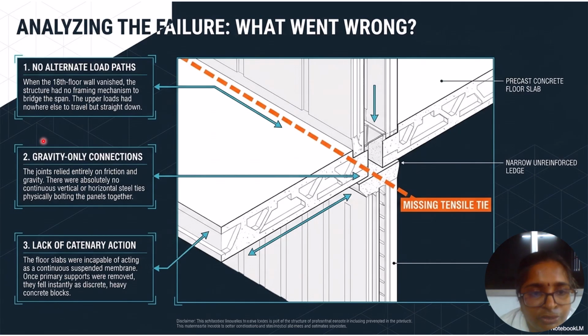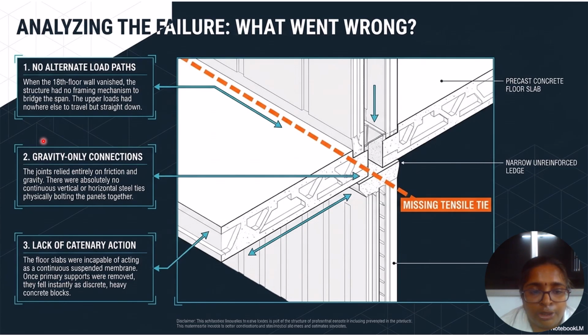While analyzing the failure, what went wrong, it came to be known that there were no alternate load paths. When the 18th floor wall vanished, the structure had no framing mechanism to bridge the span. The upper loads had nowhere else to travel but straight down. And the next one is gravity-only connections. These joints relied entirely on friction and gravity.